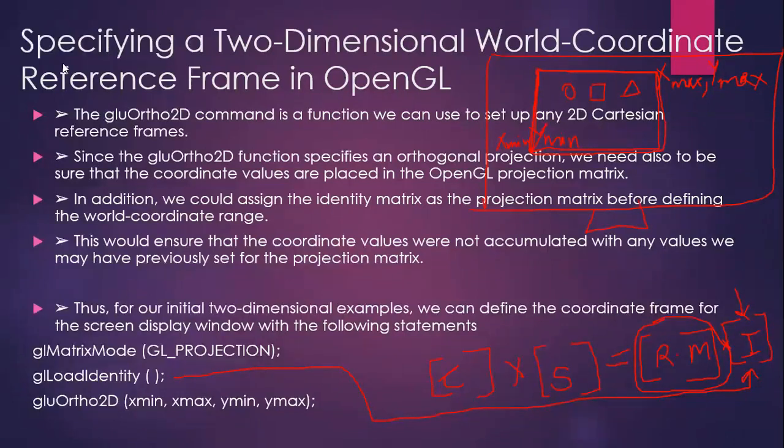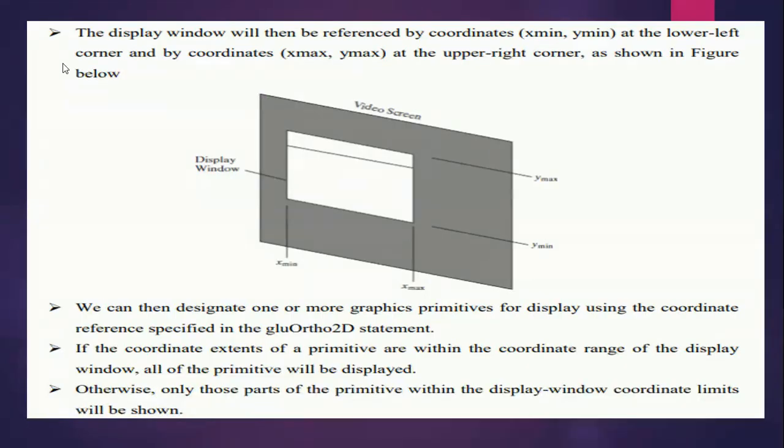This is actually the PC screen, and inside the screen you again have the x minimum, y minimum, and x maximum, y maximum boundary line. The display window will be referenced by the coordinates x minimum, y minimum at the lower left corner, and by the coordinates x max and y max at the upper right corner, as shown in the figure.